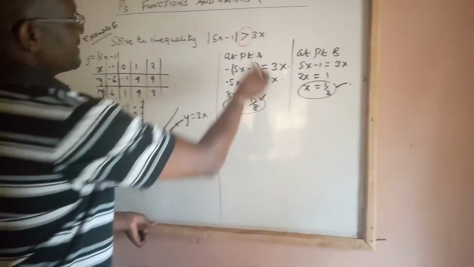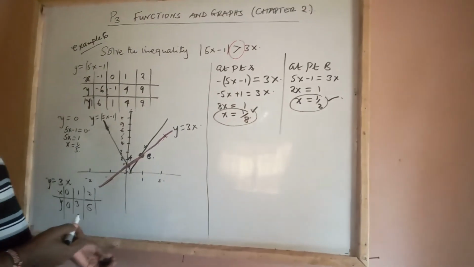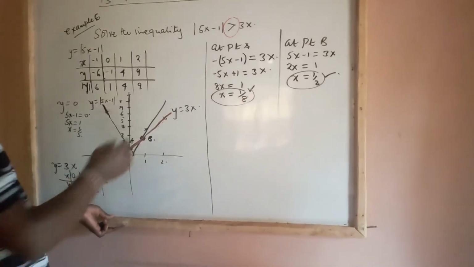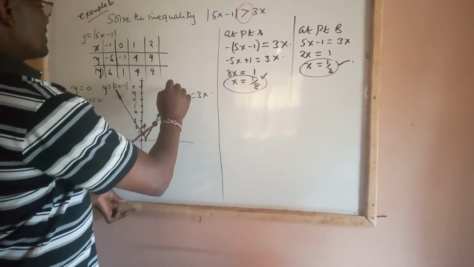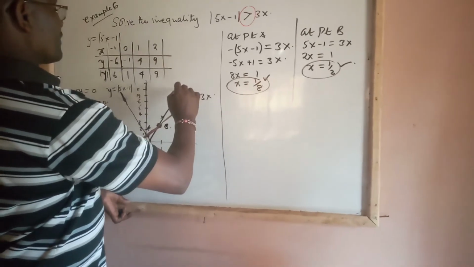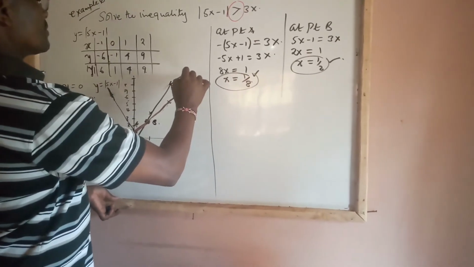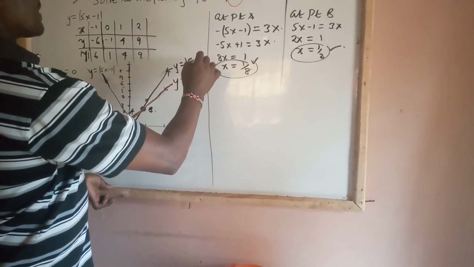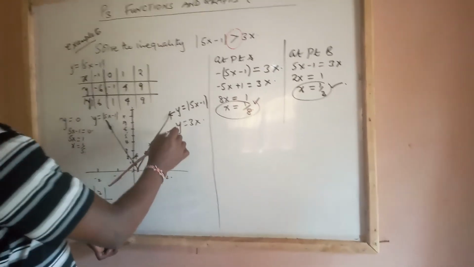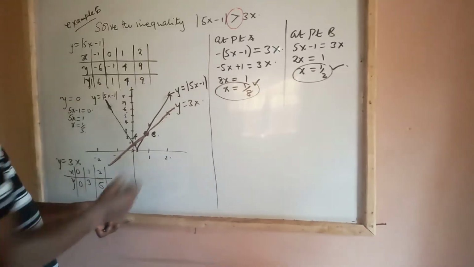But when you revisit our equation, we are talking about greater than. And we have said that the black graph is the graph of y equals the modulus of 5x minus 1, and the red one is y equals 3x.